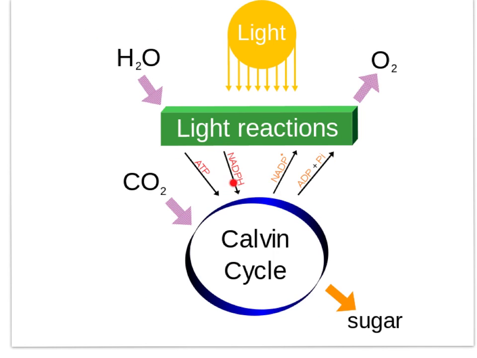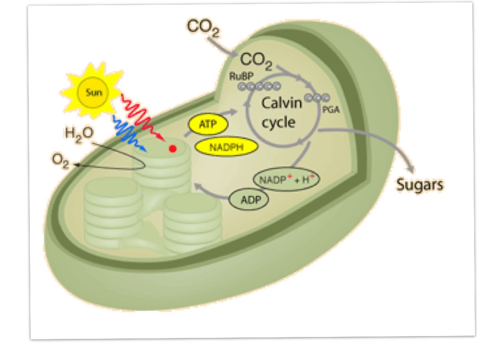ATP and NADPH from the light-dependent reactions provide the energy and the reducing power to fix carbon dioxide into carbohydrates in the light-independent reactions, also known as the Calvin cycle. While the light-dependent reactions take place on the thylakoid membranes, the light-independent reactions occur in the stroma of the chloroplast.